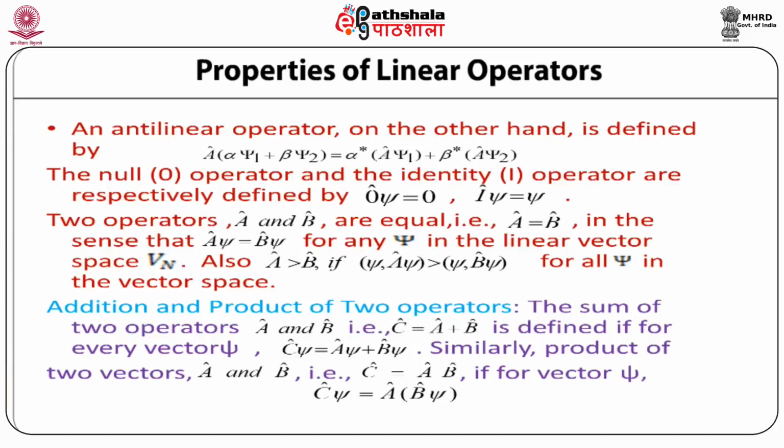Here psi 1 and psi 2 are the pair of vectors, while alpha and beta are the pair of scalars which may be real or complex.